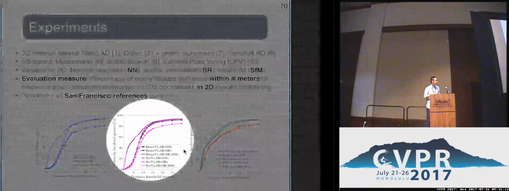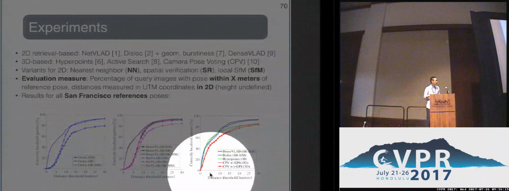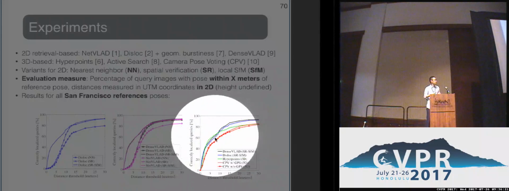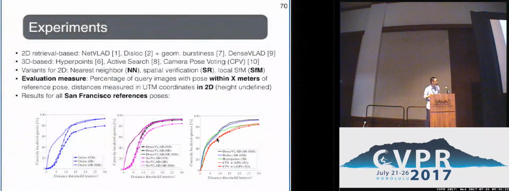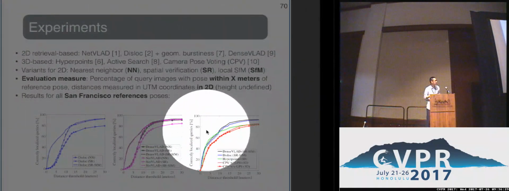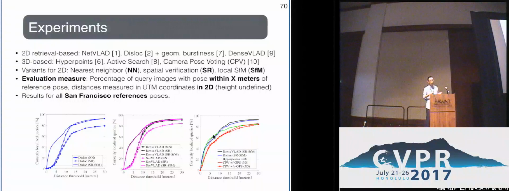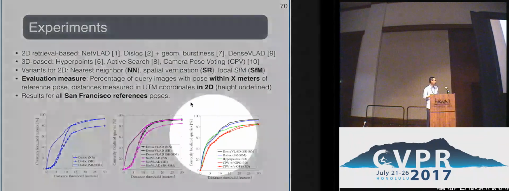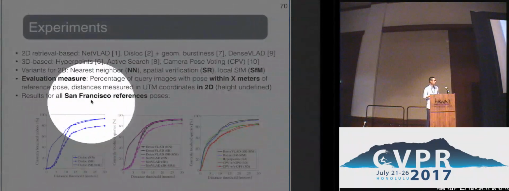But if we compare with the 3D-based method, and if we want accurate localization, the 3D method is better. One of the 3D methods is this green curve. In the 3D method, the localization rate is like 60% for the 5-meter distance threshold. But for the 2D-based method, it's much worse.